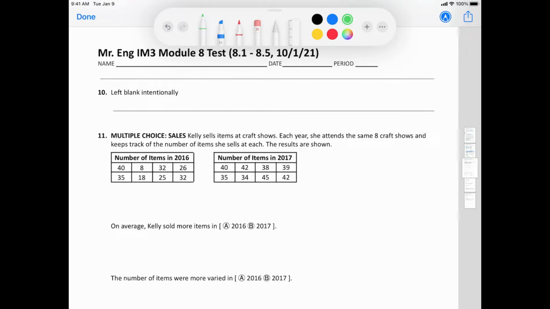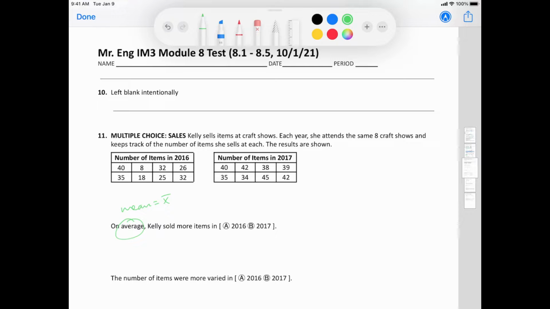Number 11, Kelly sells items at craft shows. Each year she attends the same craft shows and keeps track of the number of items she sells at each. The results are shown. On average, Kelly sold more items in... Okay, so on average, so this is the word mean, or the symbol we're going to look for is x bar.